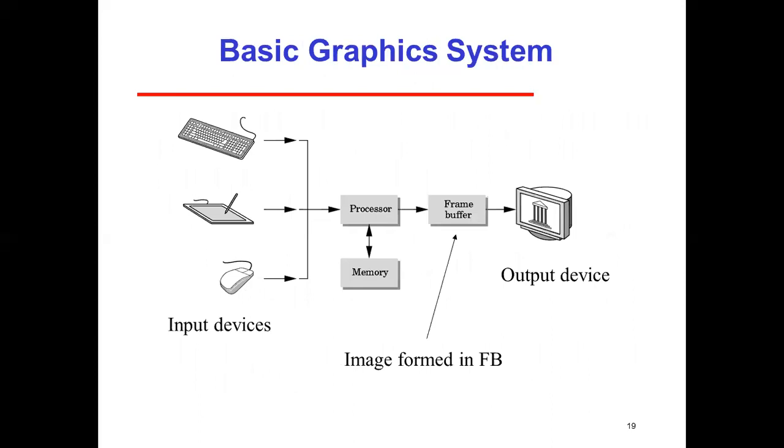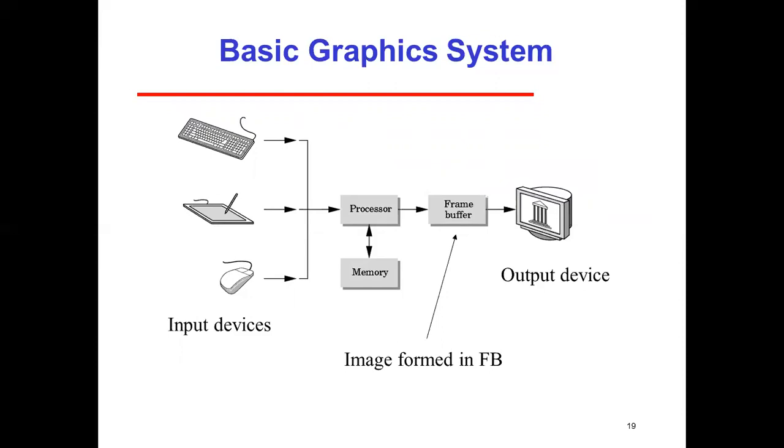There are various basic graphic systems. There are input devices, output devices, and the image formed in the frame buffer. Input devices are the keyboard, mouse, etc., and output devices are like the monitor. The input goes to the processor, the image is stored, and as it is processed it comes to memory.